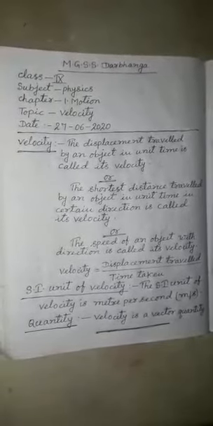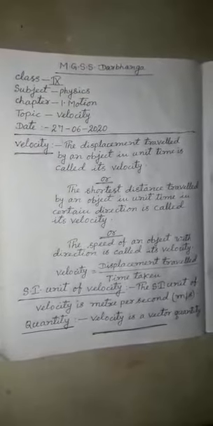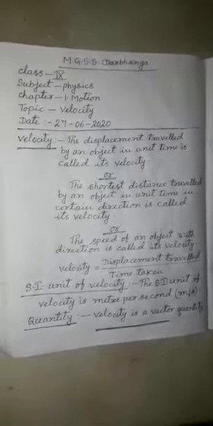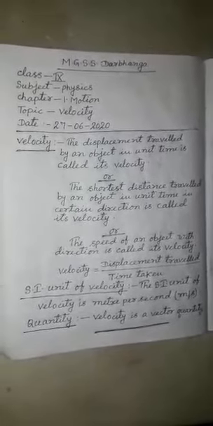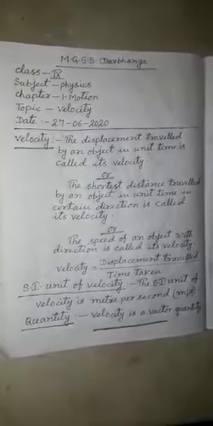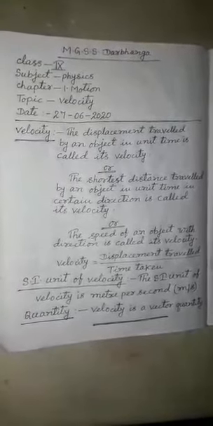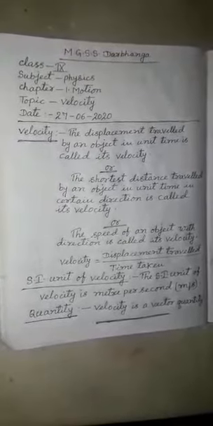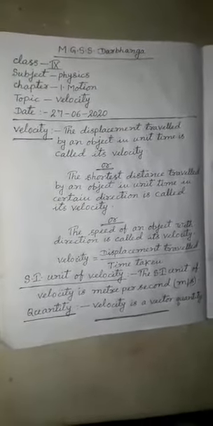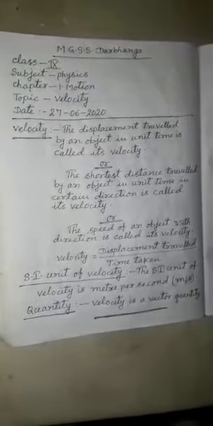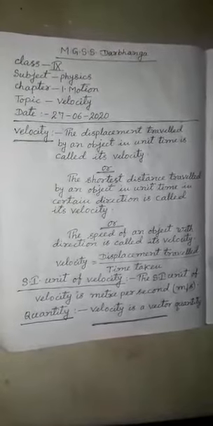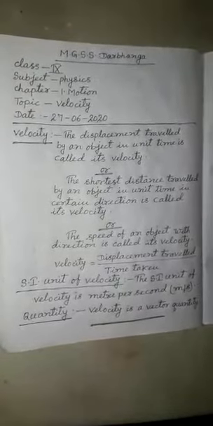Another definition, that is the shortest distance traveled by an object in unit time in certain direction is called its velocity. This is also the definition of velocity. And the third definition, the speed of an object with direction is called its velocity.